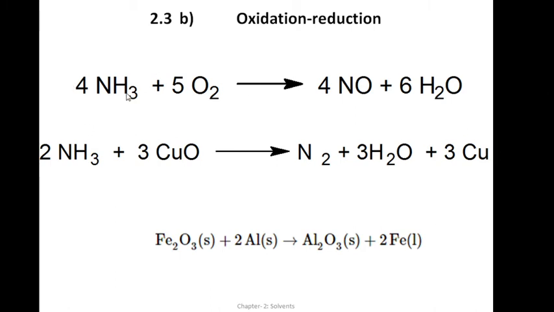But here, when you consider this, ammonia combines with oxygen to form nitric oxide and water. So you have a redox system. Here is another example: ammonia combines with copper oxide to give nitrogen, water and copper.